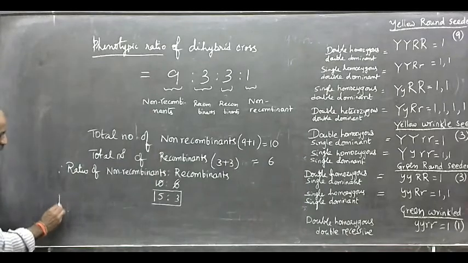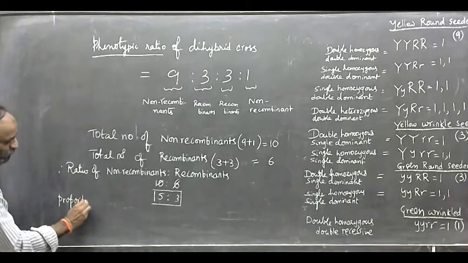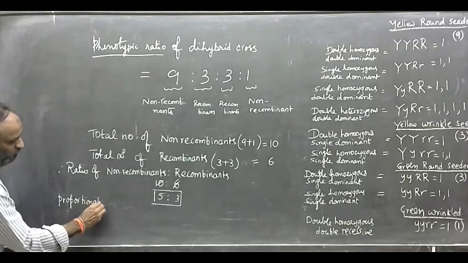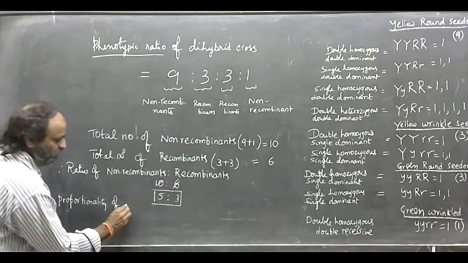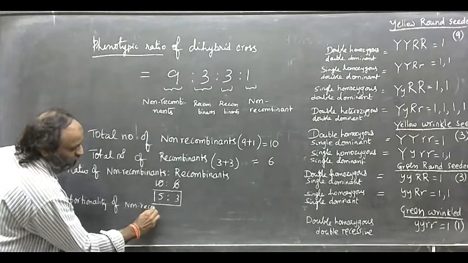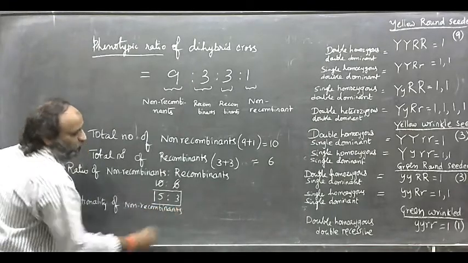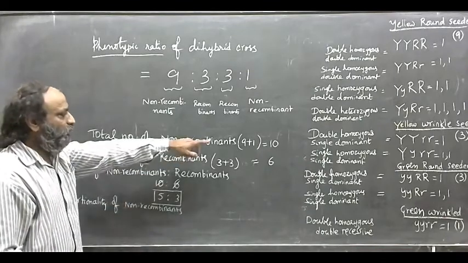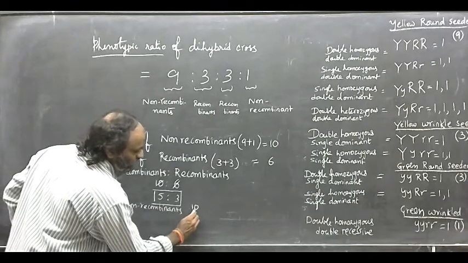If you take the proportionality of non-recombinants, how many of them are non-recombinants? 10 out of 16.